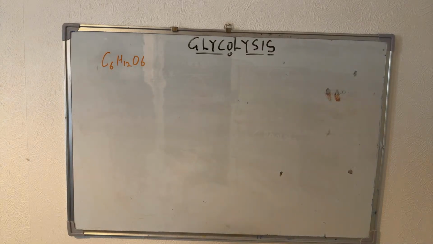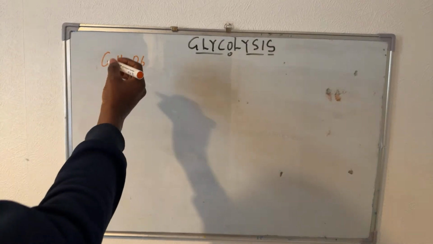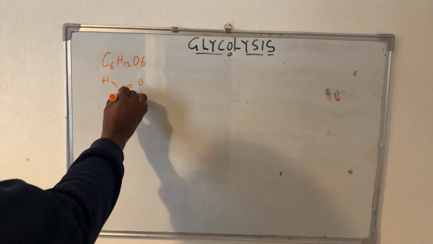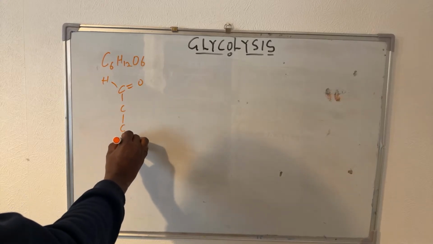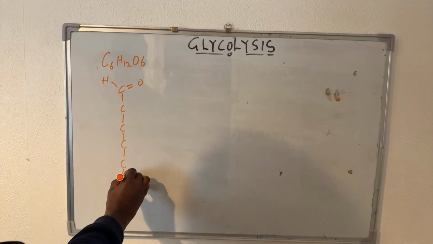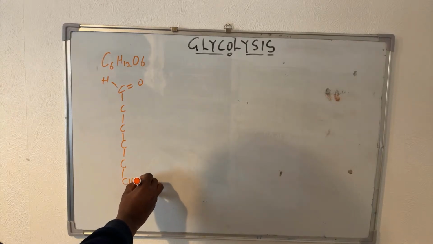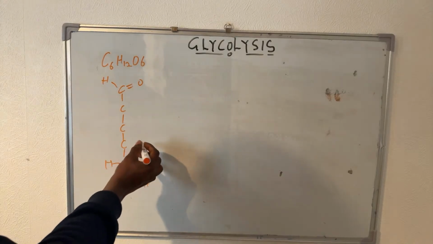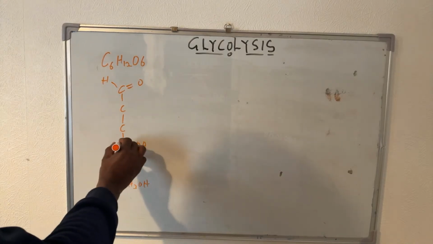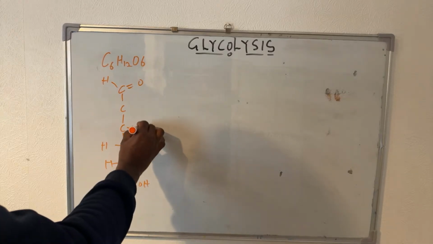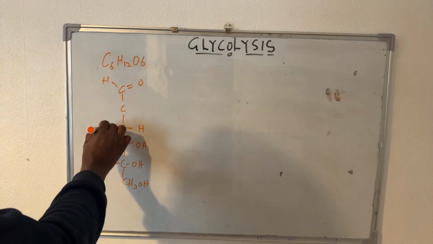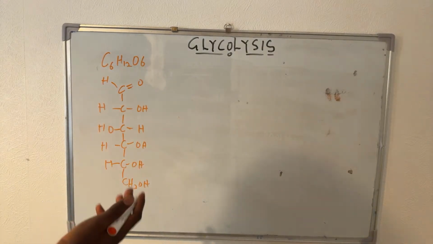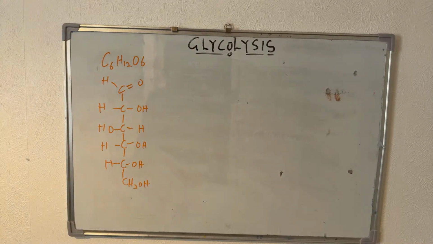If I represent it in the Fischer projection, I'm going to do it like that. Okay, so 2, 3, 4, 5, OH, this is D-glucose.